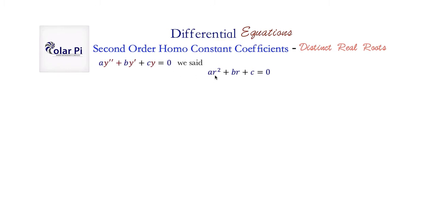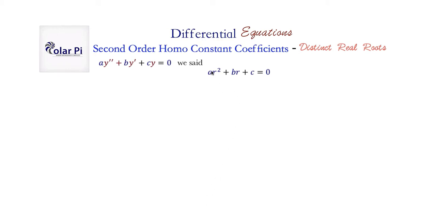So the r is also very important that we figure out, in addition to knowing a, b, and c. And obviously the a, b, and c you'll have to take from the given differential equation, because we're considering constant coefficient second order homogeneous linear differential equations. I think I just like saying that over and over.